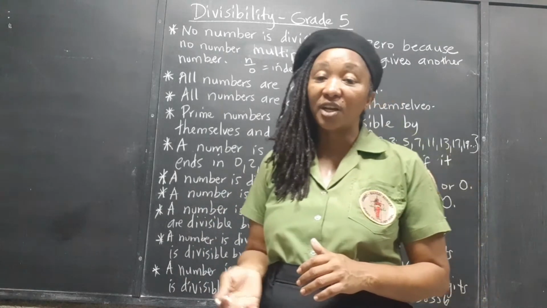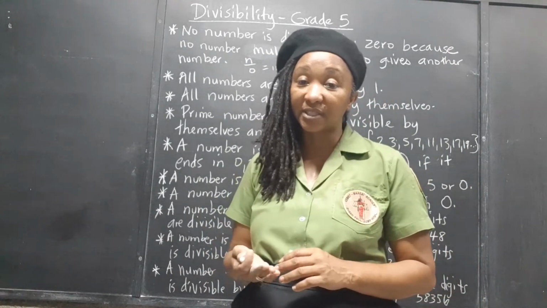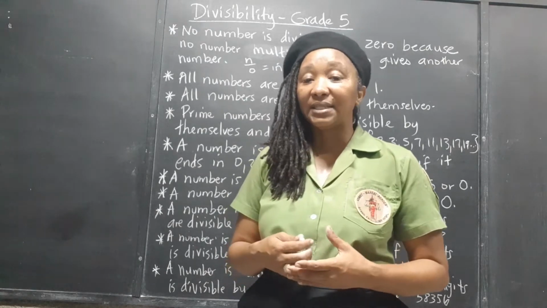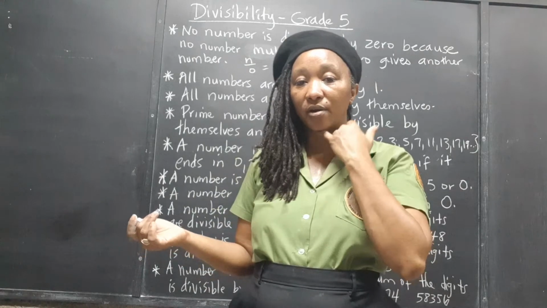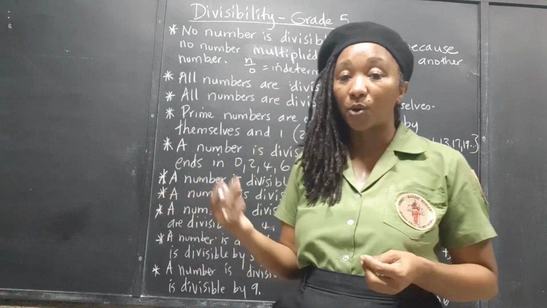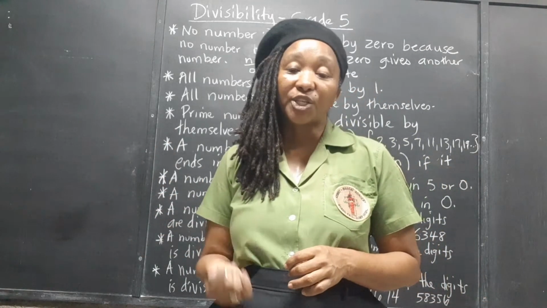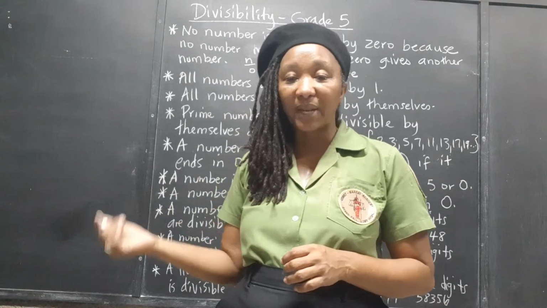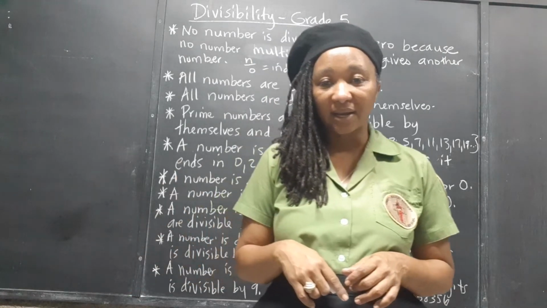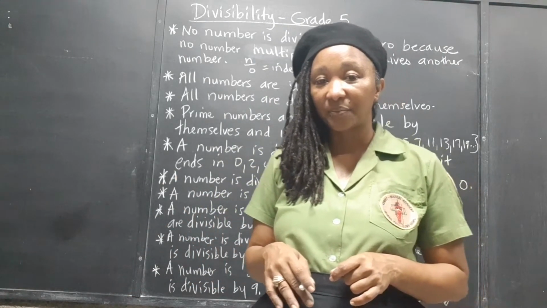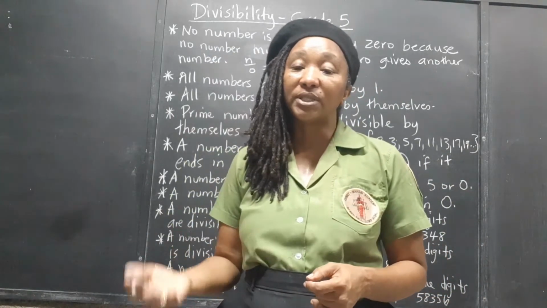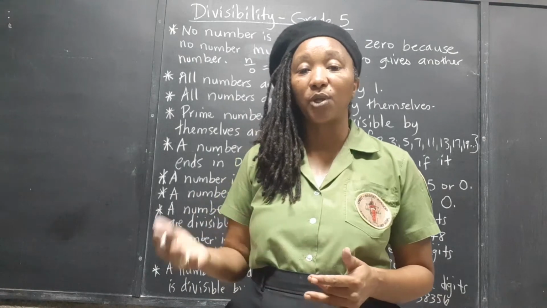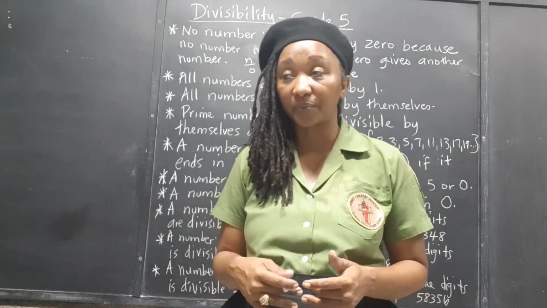You know, division and multiplication are inverse of each other. And if we divide by a number and get our result, our quotient, we should be able to multiply the quotient back by the divisor and get back our dividend. That's how we prove. So we use division to prove multiplication.